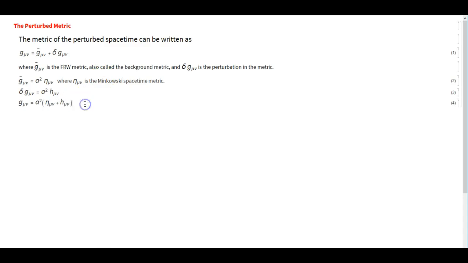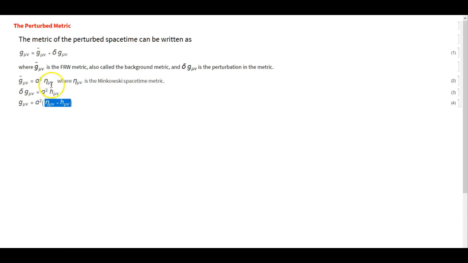Now if you look at this expression, you can easily see that g bar mu nu in FRW space-time is a squared eta mu nu. But now when we are looking at g mu nu in perturbed gauge, instead of eta mu nu, we have eta mu nu plus h mu nu.